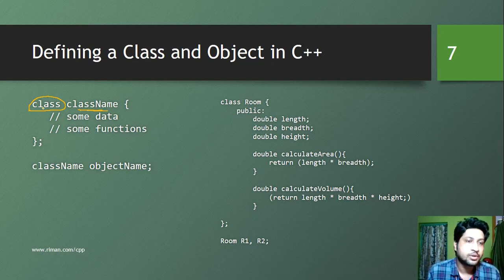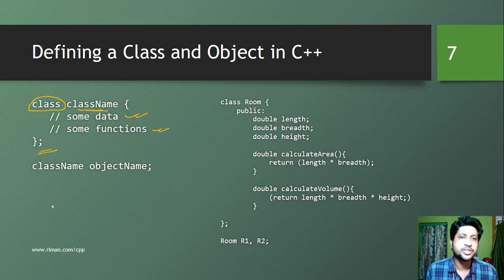Then we have an opening brace and a closing brace, and inside that we can write some data members and some functions. This is how we declare a class, and the class definition ends with a semicolon.